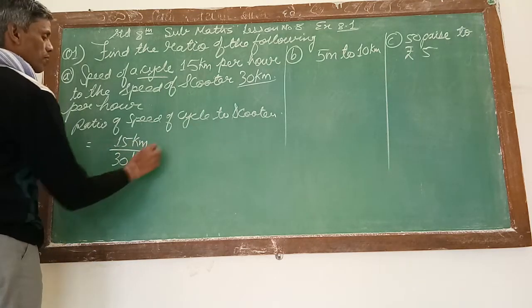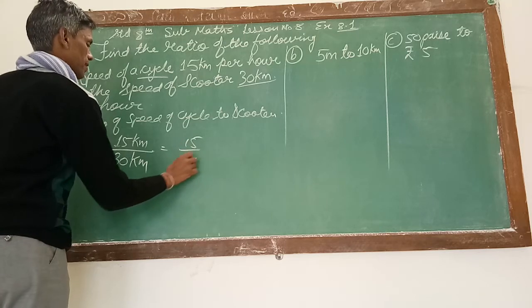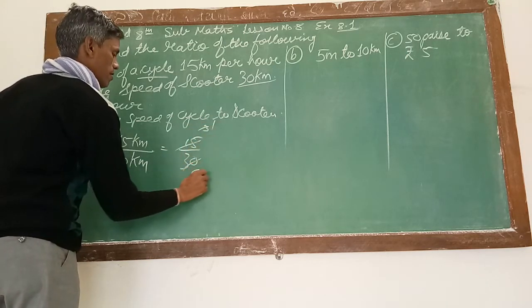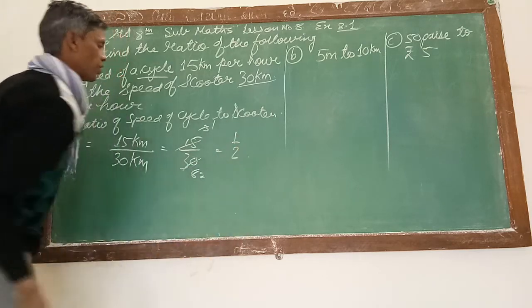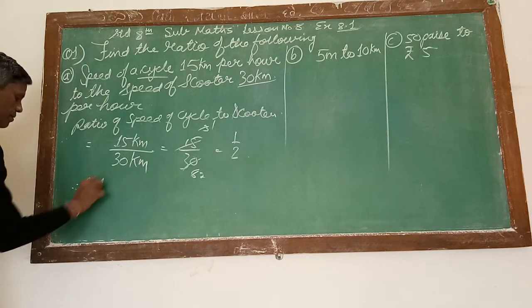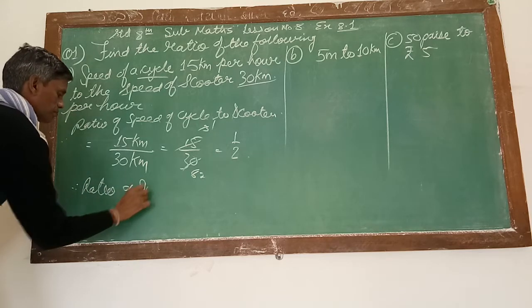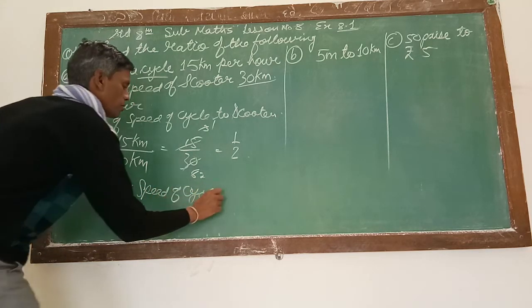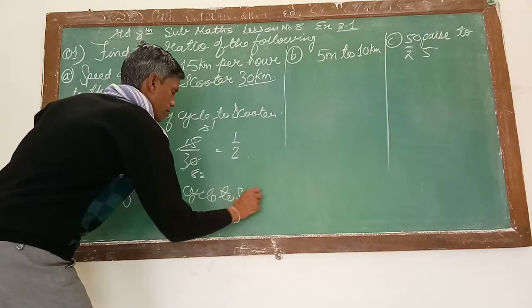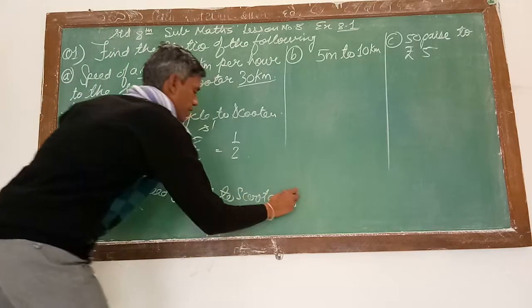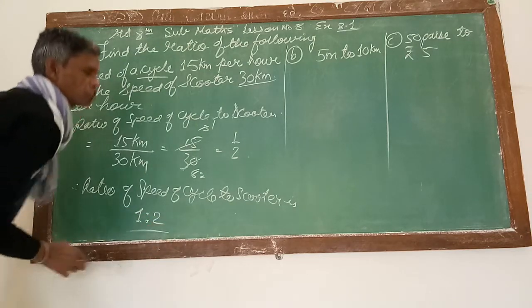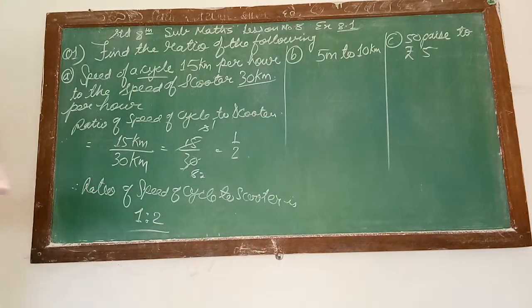Now we can write 15 by 30. 5 threes are 15, 5 sixes are 30, so 1 upon 2. Therefore, the ratio of speed of cycle to scooter is 1 by 2.